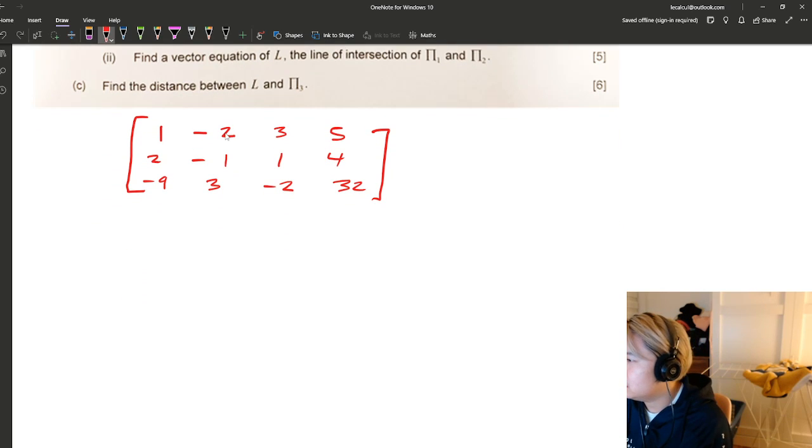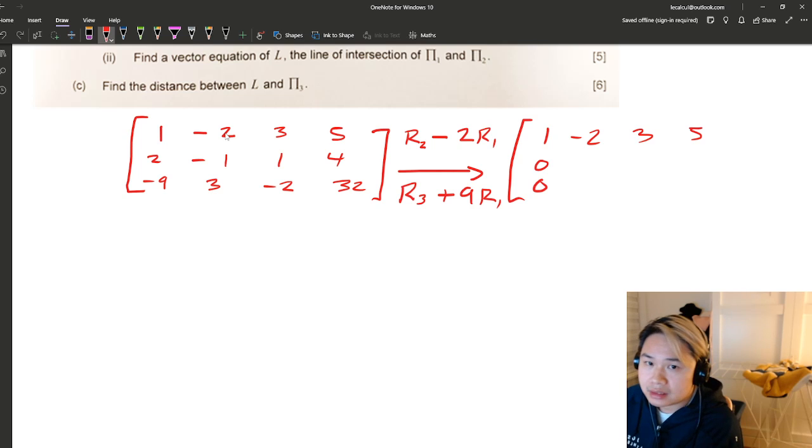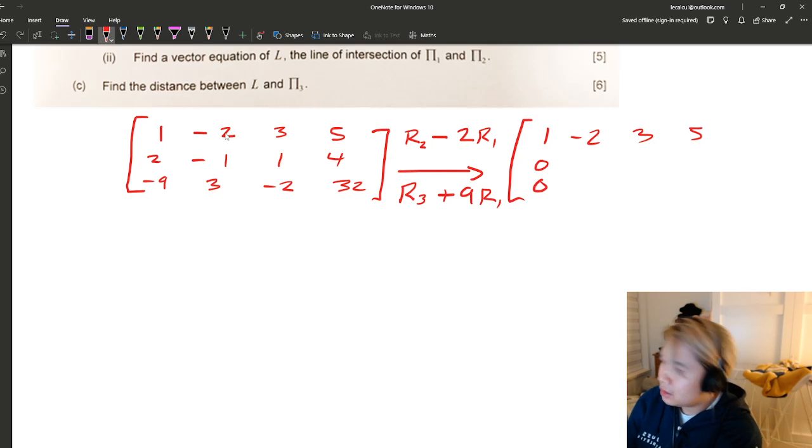I'm going to take the second row and subtract 2 of the first row, and at the same time take the third row and add 9 of the first row. So you get 1, -2, 3, 5, and you'll have 0 and 0, which is the point of reduction.